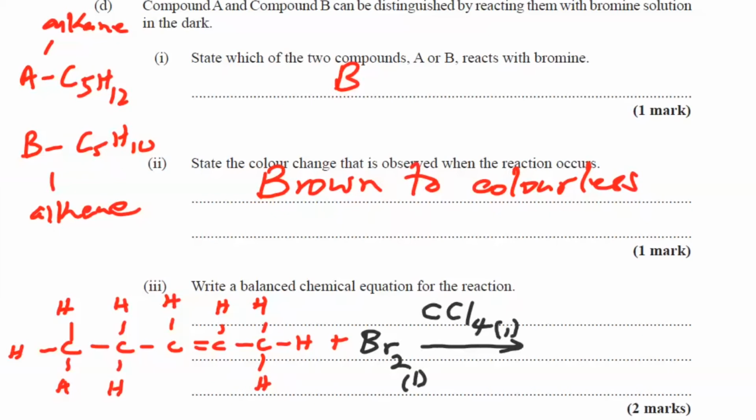Tetrachloromethane is an organic solvent, which is nonpolar, so it would dissolve bromine, which is nonpolar. So for the final thing, we're going to see if we can scrunch it up here. 1, 2, 3, 4, 5. This should do.